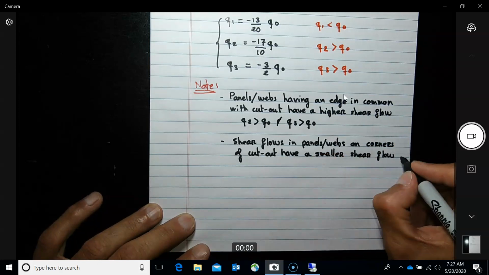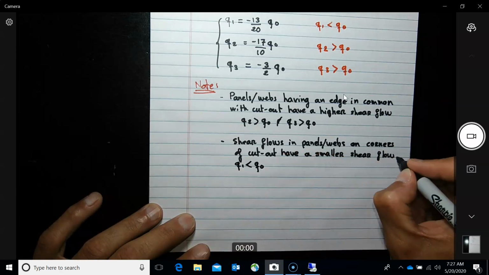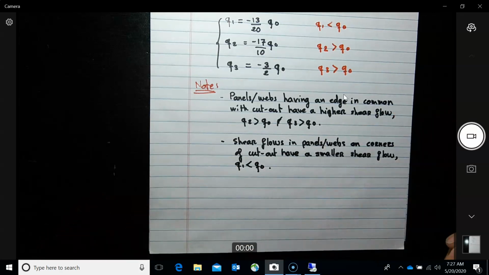Okay, which in our case over here is Q sub 1 lower than Q sub naught.